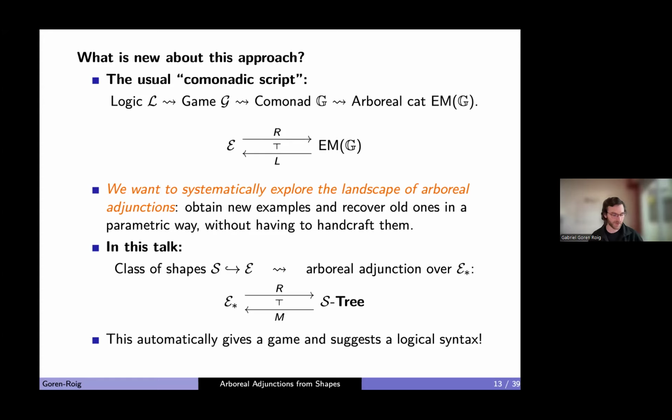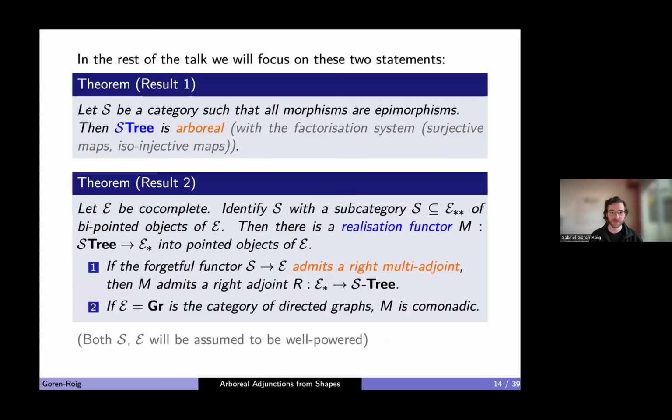This is very much work in progress, so there are a lot of things that are still not figured out, not because they're hard, just because we're still working on it. So this is the introduction. These are the statements that I will try to explain in the rest of the talk.